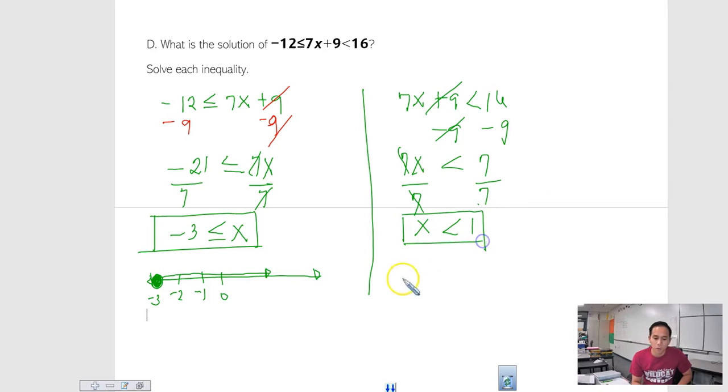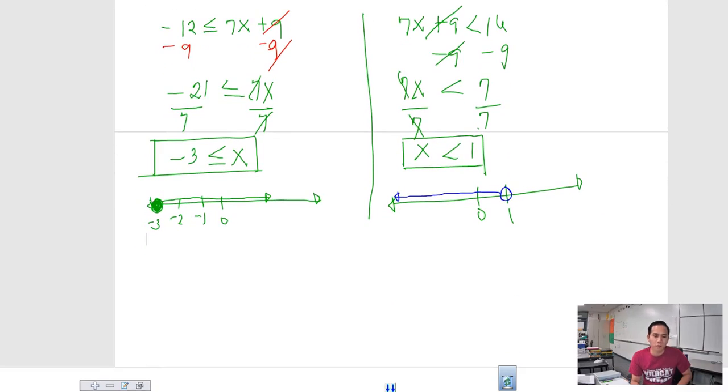If I graph this, x is 0, and this is 1 here. It says less than, so it's an open circle. All of the numbers less than 1, excluding 1.